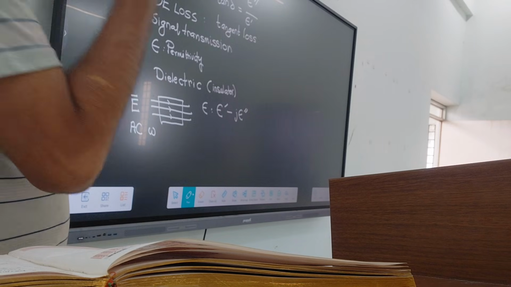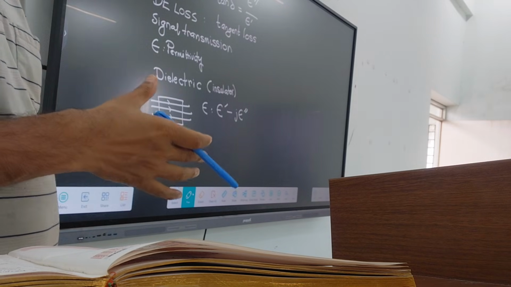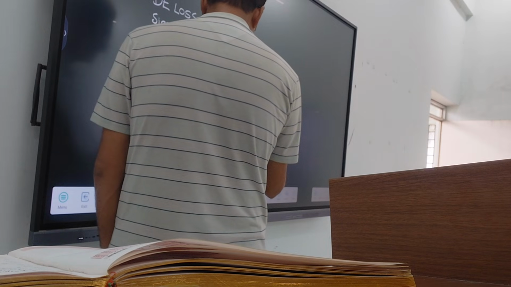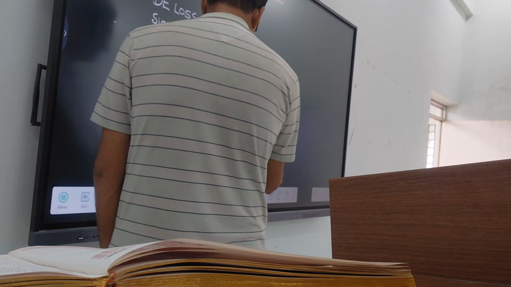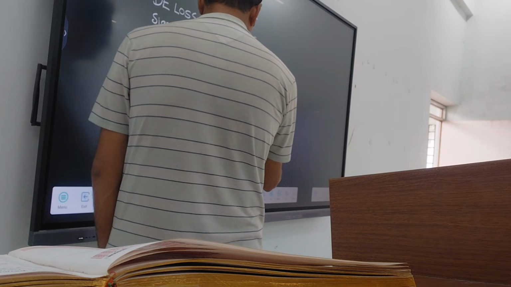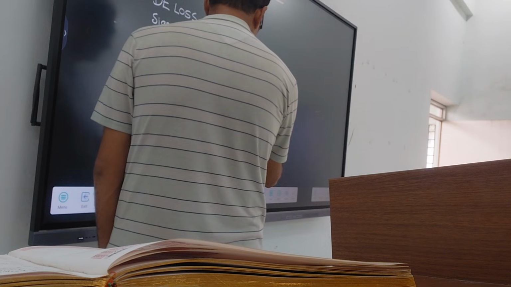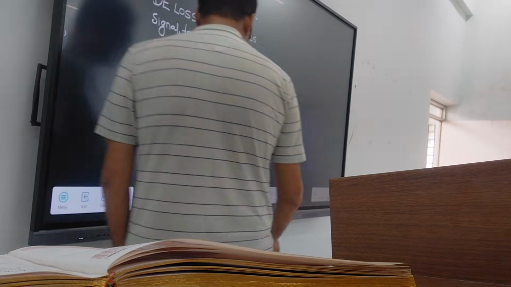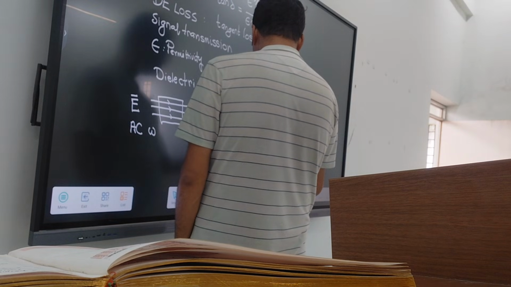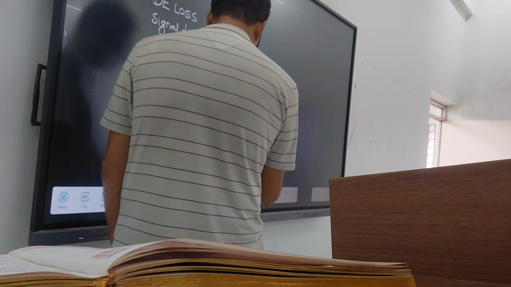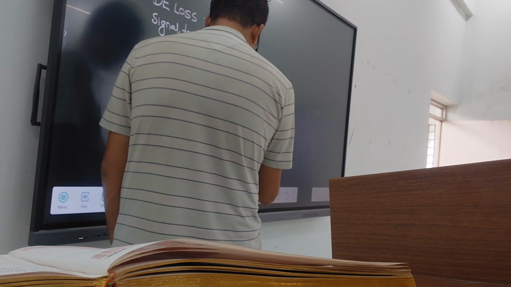Earlier we said energy stored, now it will have two parts. This is complex permittivity, where the real part of permittivity, epsilon prime, is the energy stored. And the imaginary part, epsilon double prime, is the energy loss.